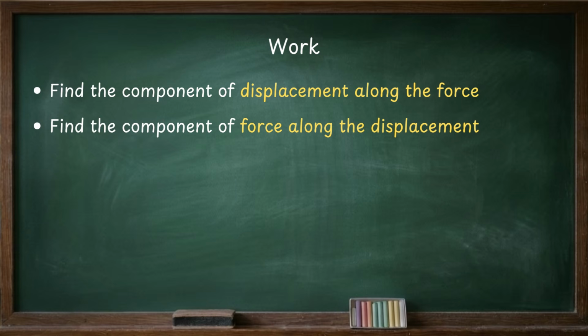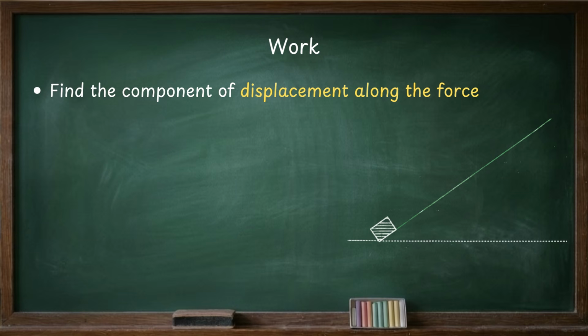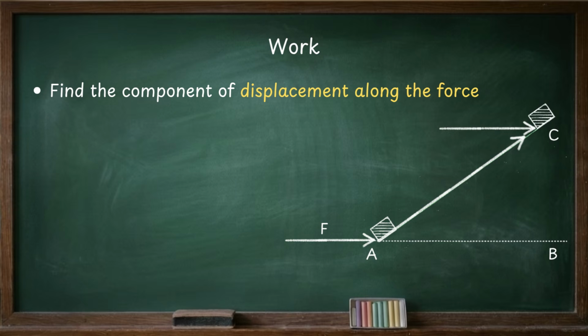Let us look at the first method. Imagine a constant force F acts on an object along the line AB. This force moves the object up a ramp from point A to point C. The actual displacement of the body is AC, which is S. There is an angle theta between the force and the displacement.